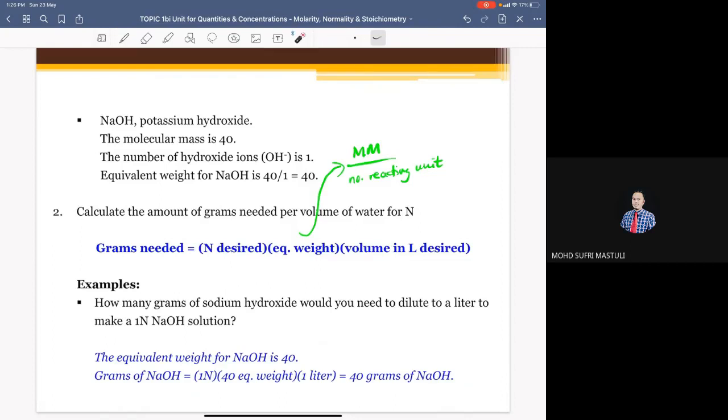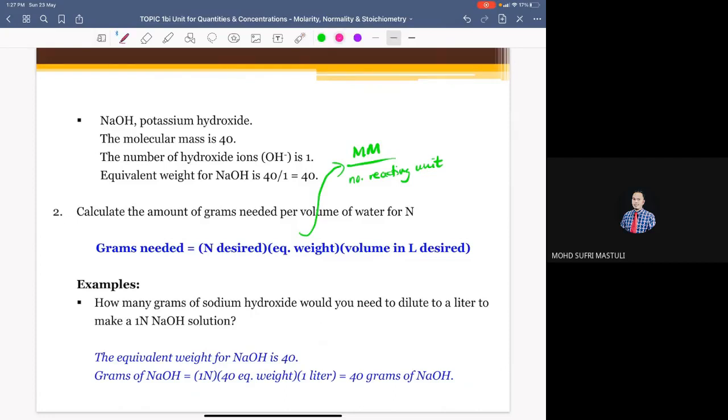Okay, so how many grams? This is the example. How many grams of sodium hydroxide would you need to dilute to a liter to make one normal sodium hydroxide?